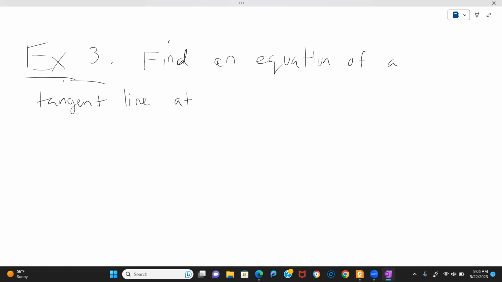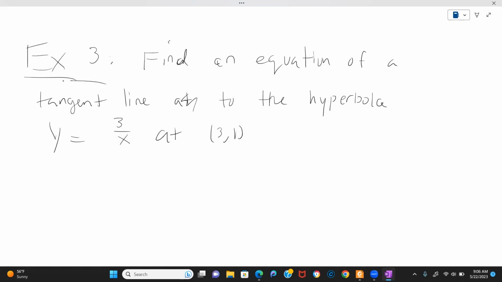All right, so this is example 3 in the book, and this is going to be: find an equation of a tangent line to the hyperbola y is equal to 3 over x at the point 3 comma 1.